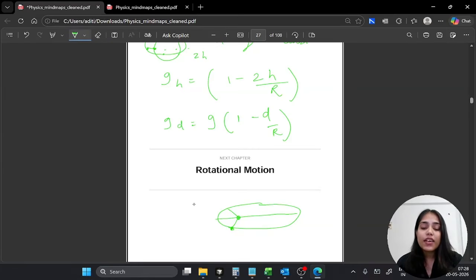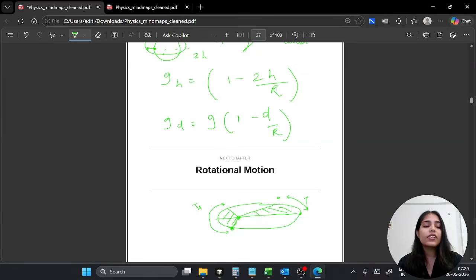Now, the area covered in, let's say, T1 time period, this area, and in the same amount of time T1, it is traveling from here to here. So the area covered will remain the same in both cases. This is the second law: the line joining the Sun and the planet sweeps equal area in equal amount of time.